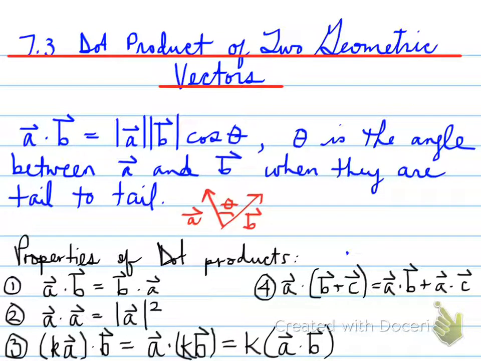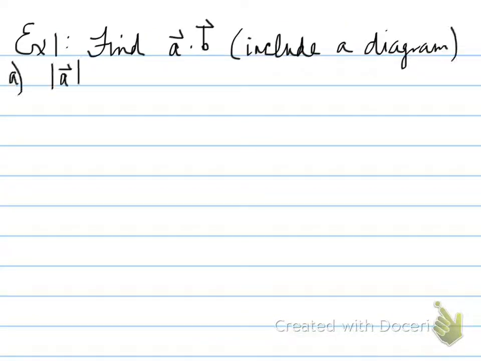Alright, so the next thing that we're looking for is an example. Example 1. Find A dot B, include a diagram. We have three types of examples of this so that you could understand what we're looking at. We have the magnitude of vector A equal to 3, the magnitude of vector B equal to 5, and theta, the angle between A and B, is 35 degrees.